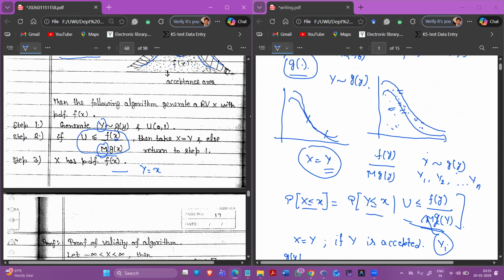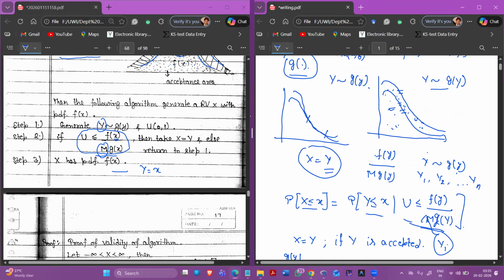Then I can generate the y from gy, my proposal distribution that I am finding. That should overlap. When I generate the values from gy, will all the values of gy overlap my fx?